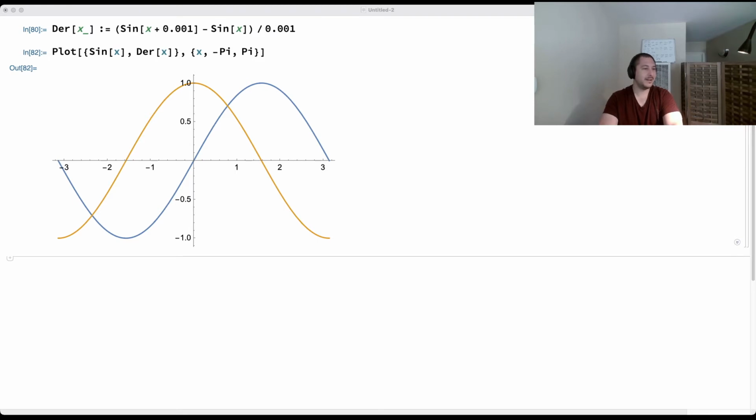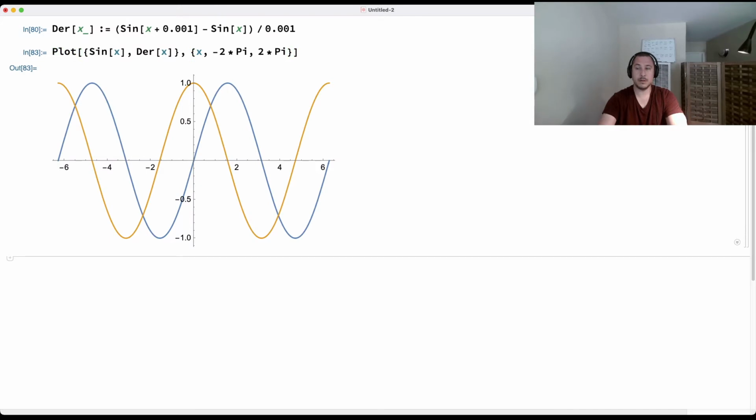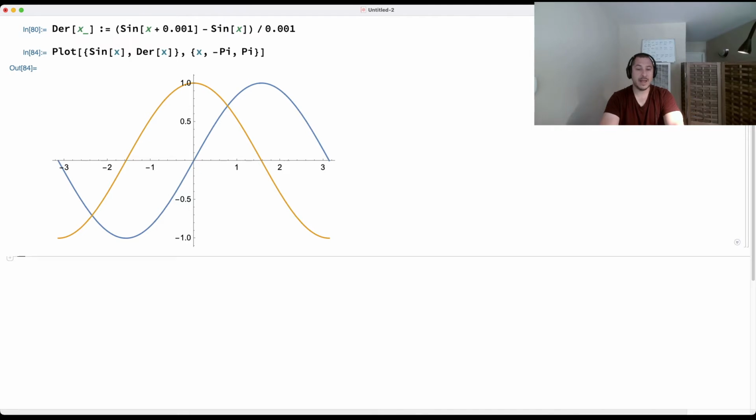The blue one is sine, the orangish one is its derivative. Let's extend it from minus 2 pi to 2 pi. What does the orangish one look very close to? Yeah, it's close to being the cosine graph, exactly.